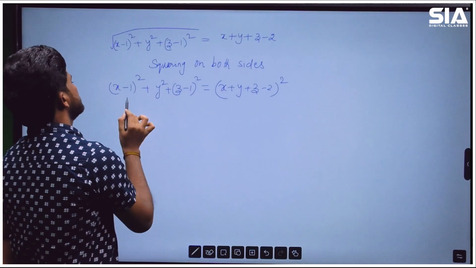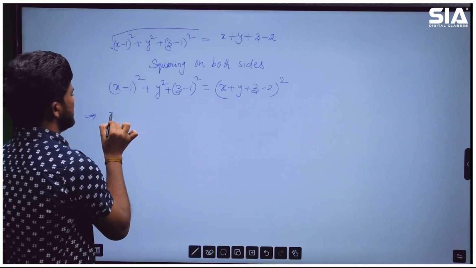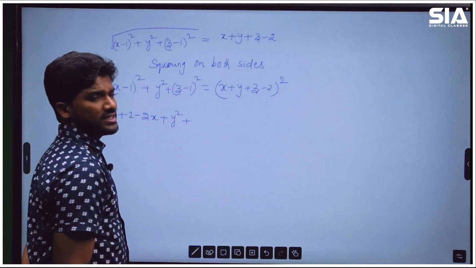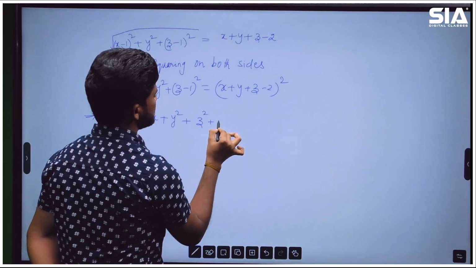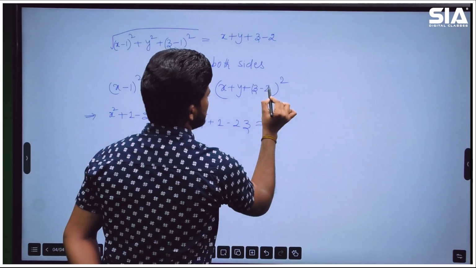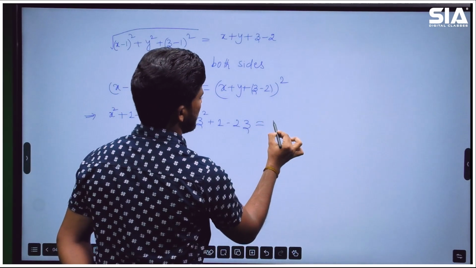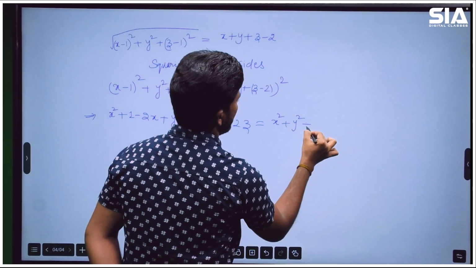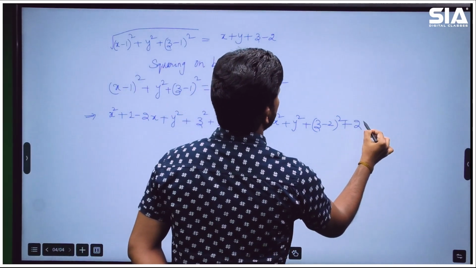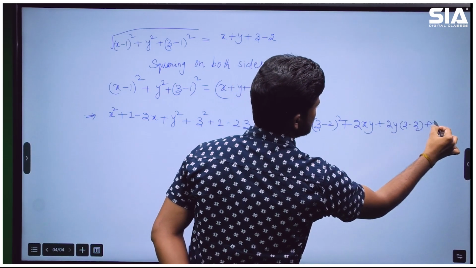Now expand this. LHS with respect to the (a minus b) whole square formula: (x minus 1) whole square means x square plus 1 minus 2x, y square as it is, plus (z minus 1) whole square, z square plus 1 minus 2z, equal to, take x plus y plus z minus 2, that means the (a plus b plus c) whole square formula, a square plus b square plus c square plus 2ab plus 2bc plus 2ca.